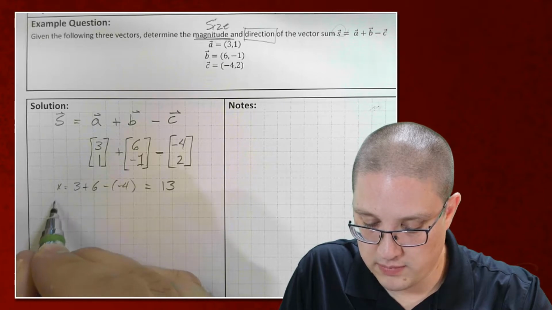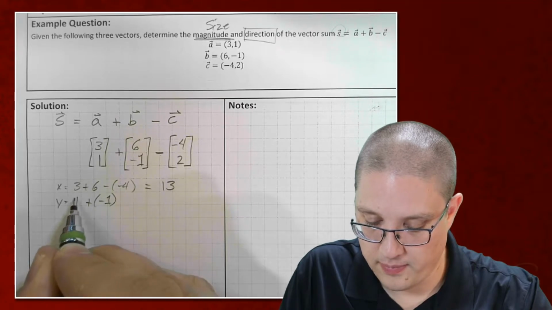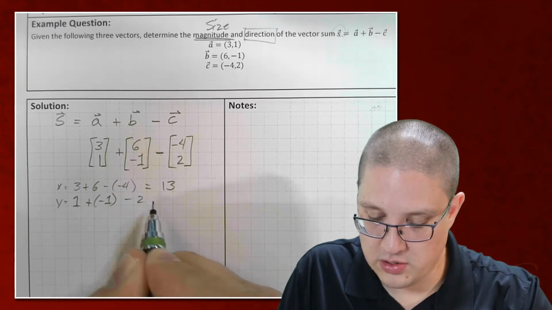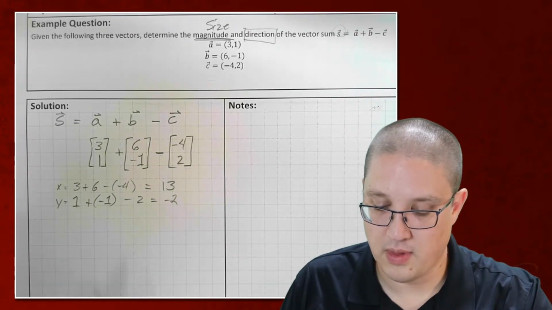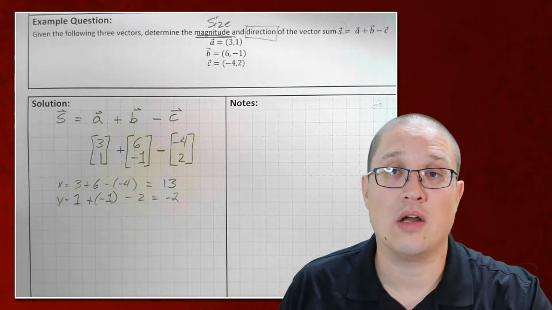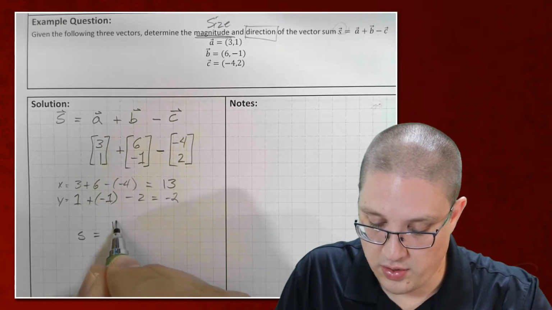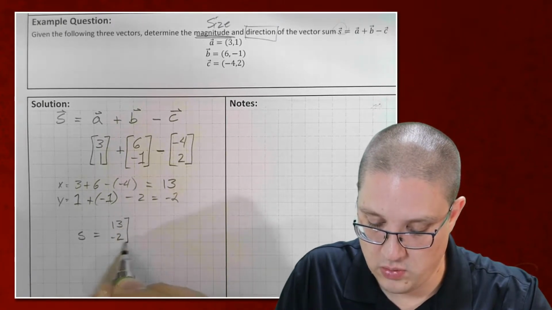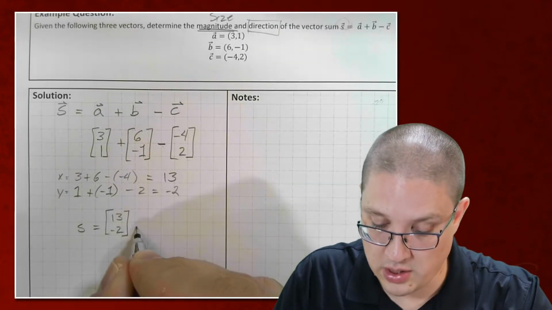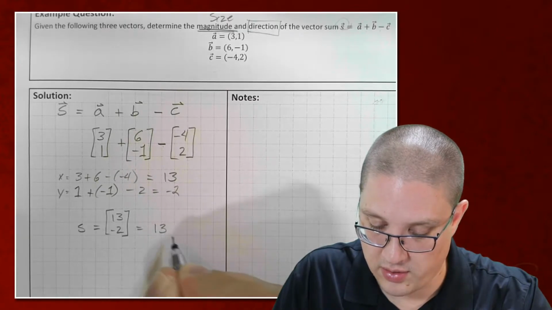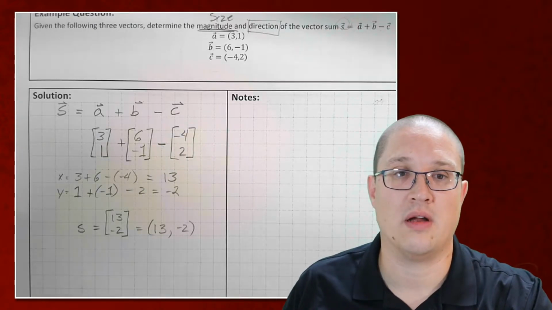My y component, I'm going to go 1 plus negative 1 minus 2. And that works out to negative 2. Those are the x and the y components. Now I can write my solution here as s is equal to 13 over negative 2 in component notation. Or if I prefer my notation that we're used to from math class, I can write 13 comma negative 2 like that. So I've got my x and my y components.